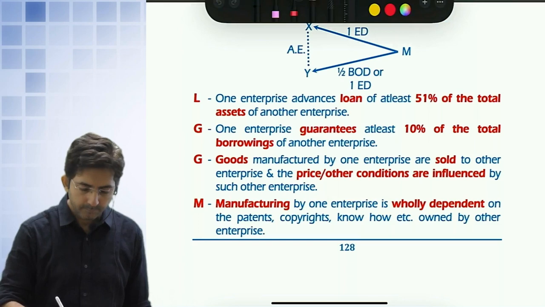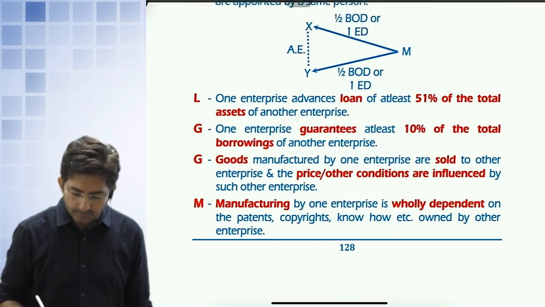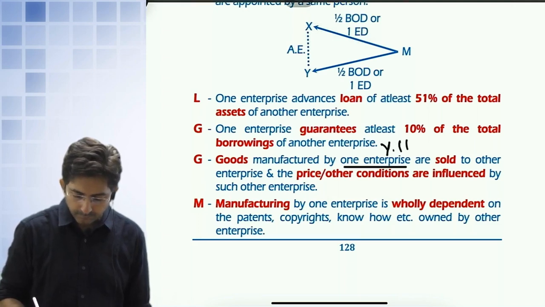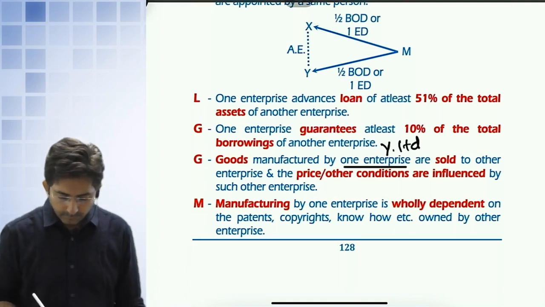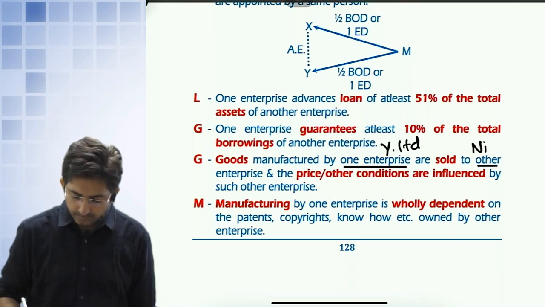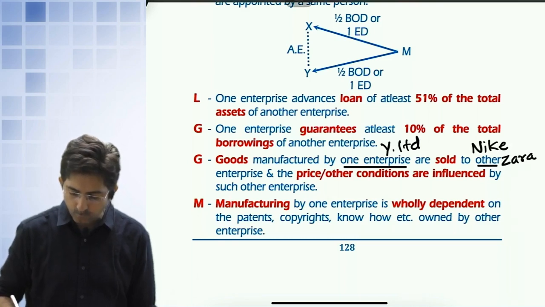That one enterprise can be Y Limited. And then other enterprise, there you can write Nike, Zara, or any big brand which you like.